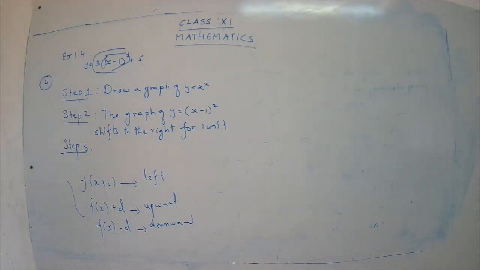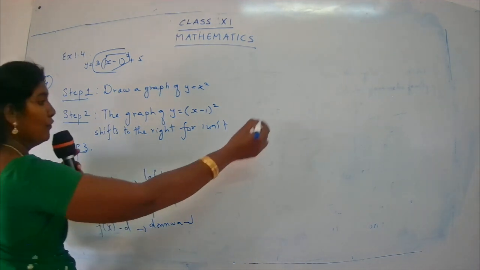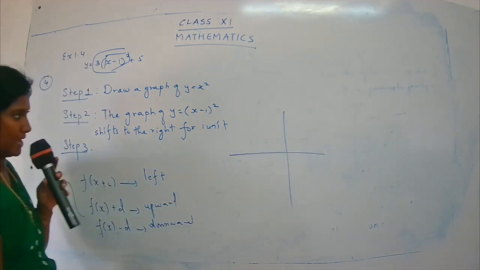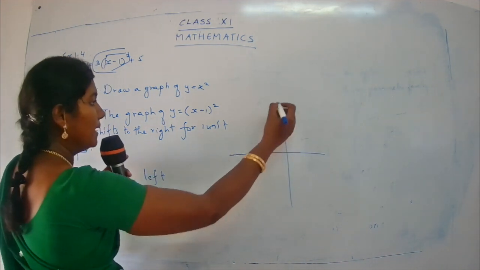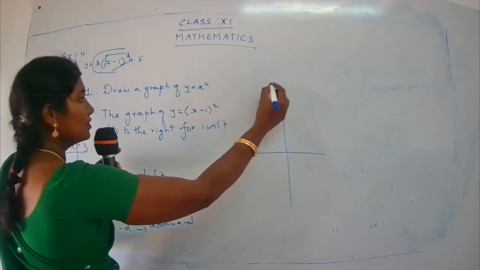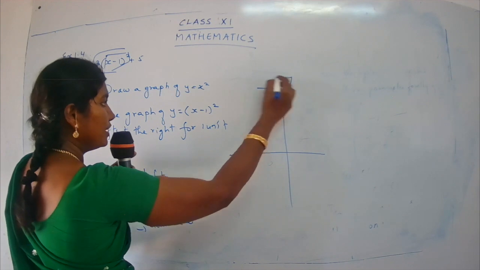It is going to move away from the x-axis, and if the positive constant is less than 1, it is going to move towards the x-axis. So just explain over here, children. Suppose we have an x-axis and a y-axis, and suppose here the multiplying factor is 3, so that means it is greater than 1.